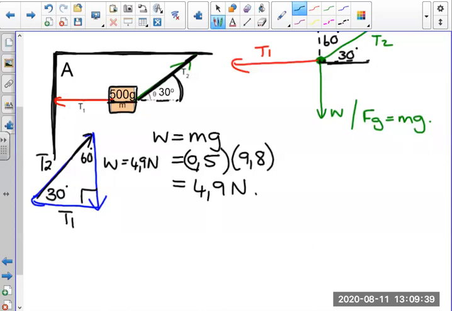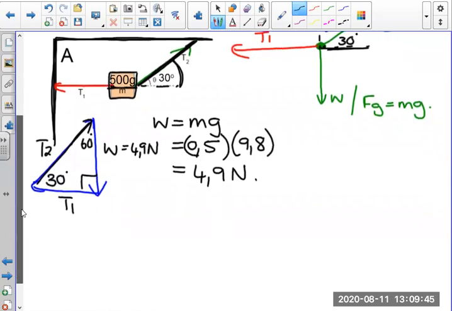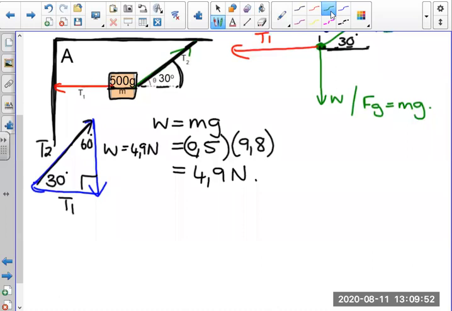All right. Now I can solve the rest. Now let me just show you what I can do to solve the rest. I'm going to use the sine rule. I think that's the easier way. There are other ways that you may use, but I'm going to use the sine rule. Now, the sine rule, you must remember, this is the angle that we have. That's the weight.